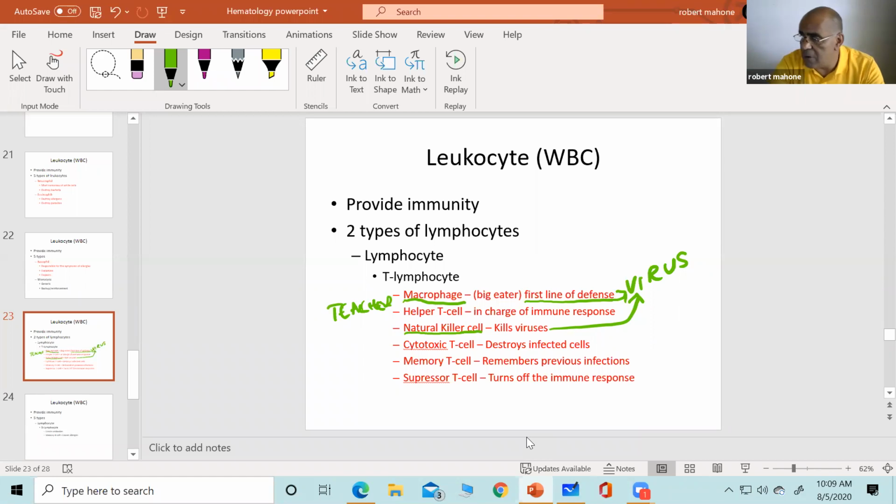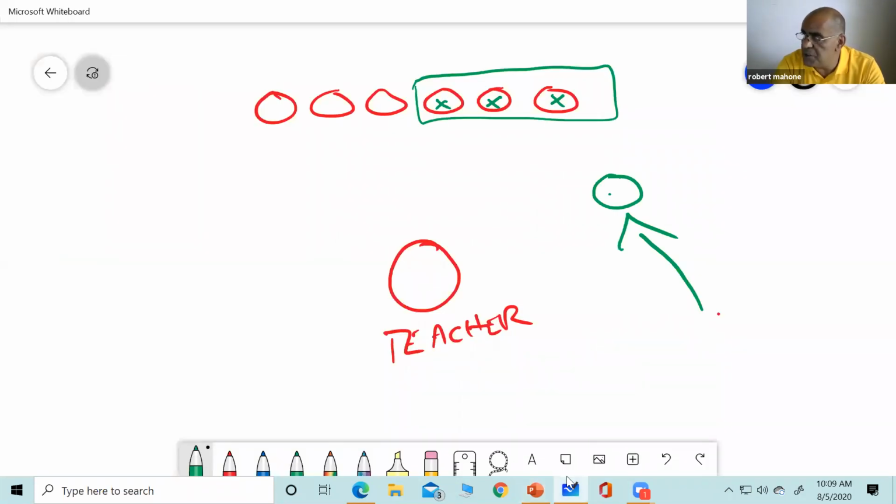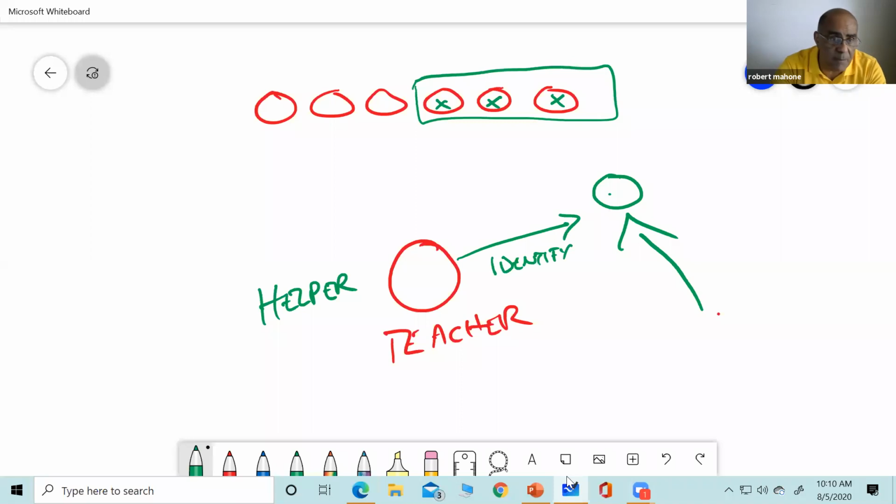All right, so how does this happen? A virus gets into your classroom. The first thing that has to happen is the helper T cell has to identify that there's a virus in here. That's the first step. And that might not happen for a couple days.